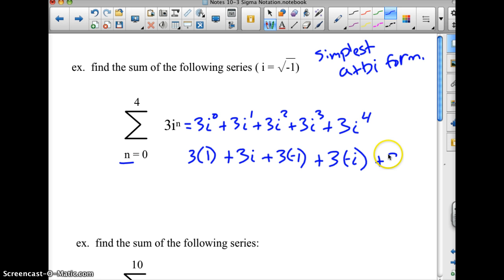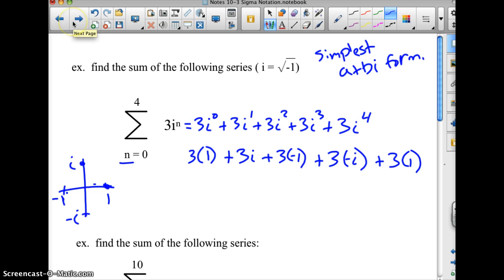And then i to the fourth is back to 1 again, right? And remember, I told you about the i clock here. Here are the values 1, i, -1, -i. So i to the 0 is right here, 1, i to the first is i, i to the second is -1, i to the third is -i, i to the fourth is 1 again.